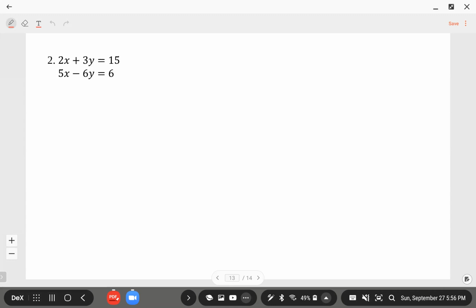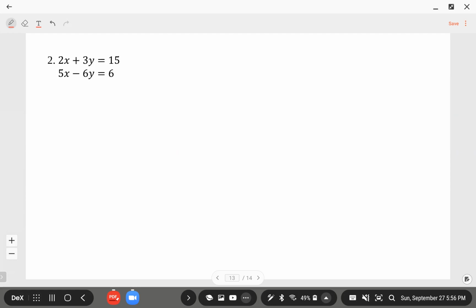Why? Let's try adding. 7x plus negative 3y equals 21. Okay, doesn't work. Let's try subtracting. Same result, doesn't work. Why? Because the absolute values of the coefficients before the variables, there's not one that is the same.